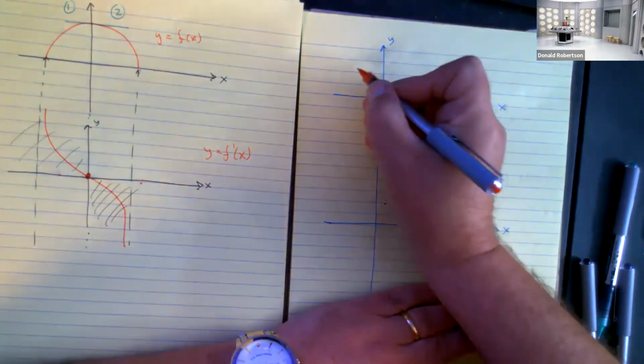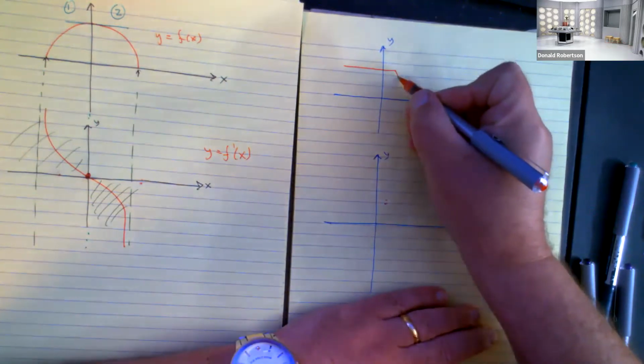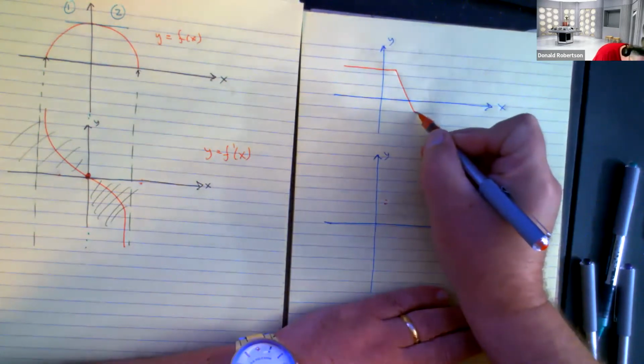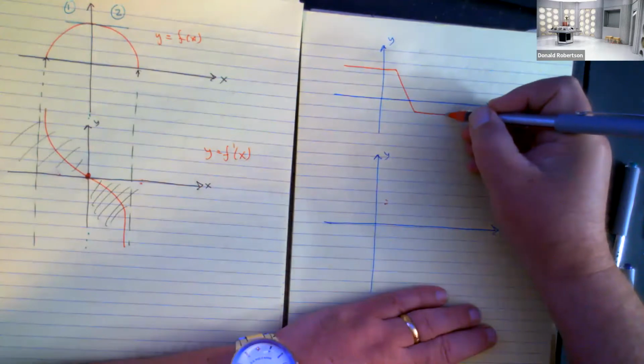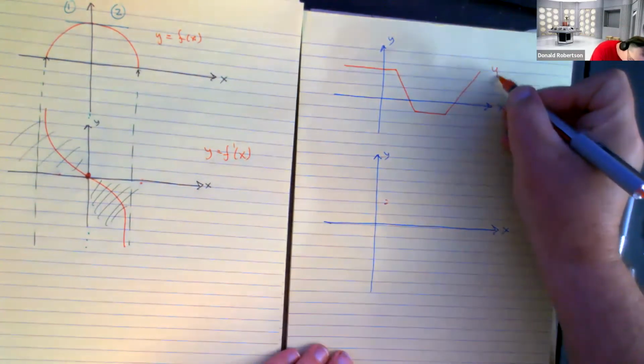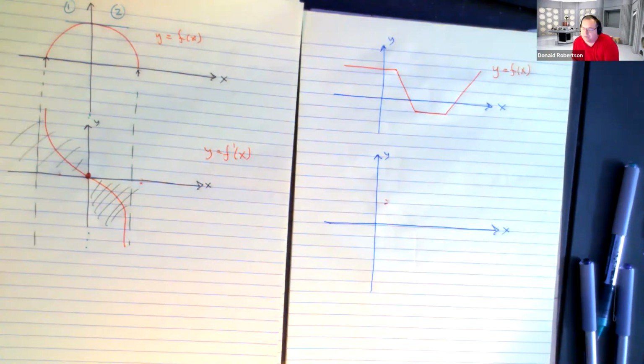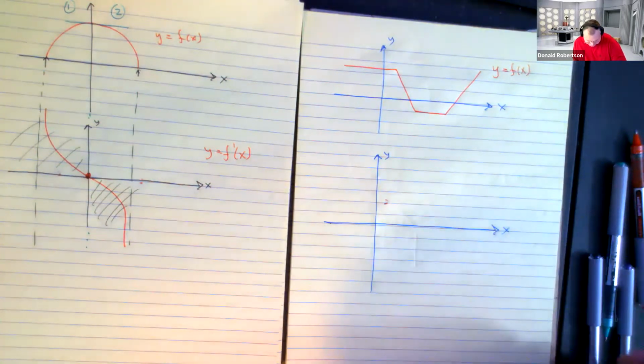So I'm going to have a straight line, goes like that, and it's going to come down, and it's going to go like that, and then it's going to go up. So that's going to be the curve. Well, I guess curve's the wrong word, but that's going to be the function y equals f of x. And we're going to look at creating its derivative function.